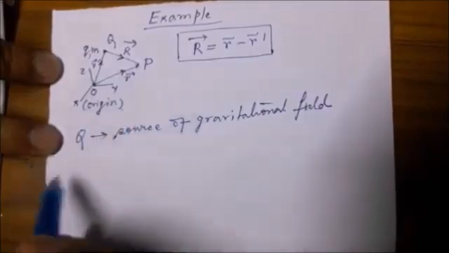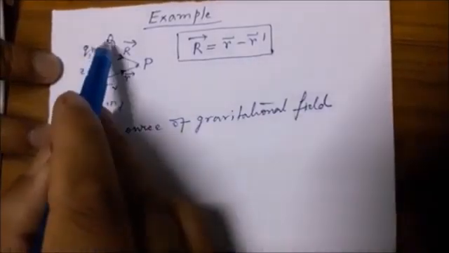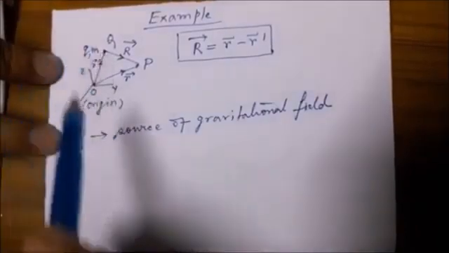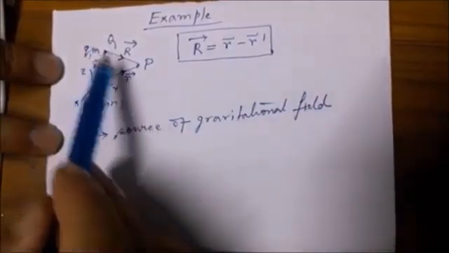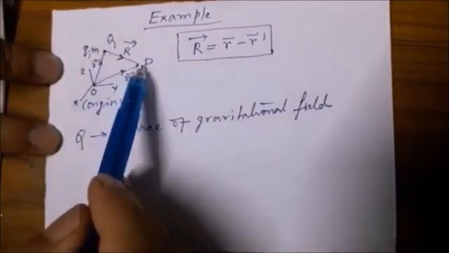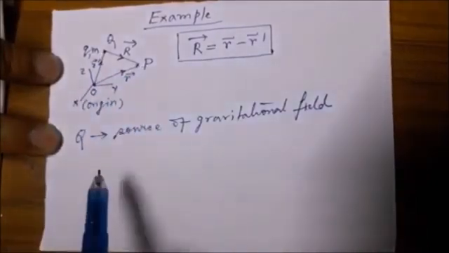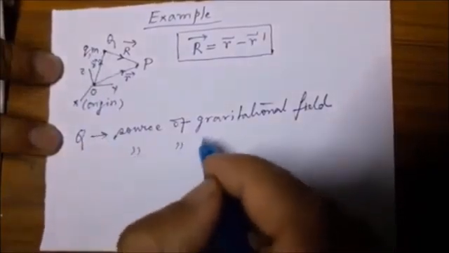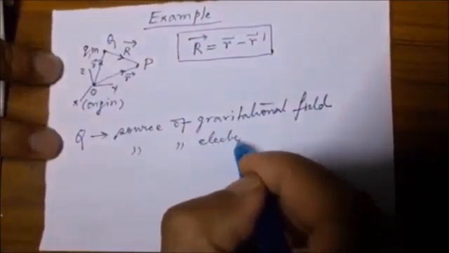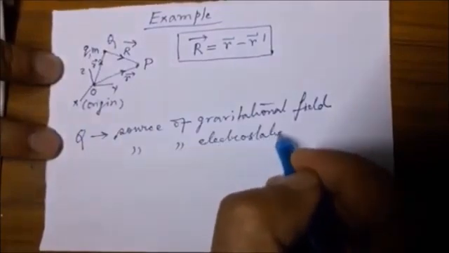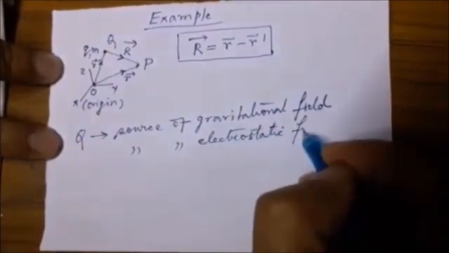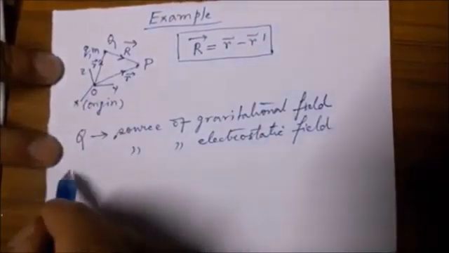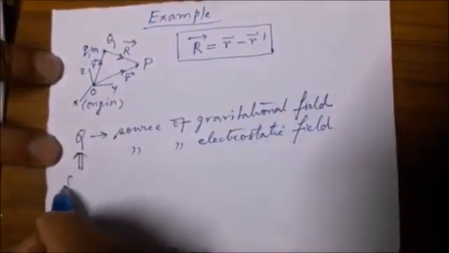And similarly, this point Q, since it contains a charge small q, will produce an electric field at point P. So this Q point is also a source of electrostatic field or electric field at point P, and therefore this Q is called source point.